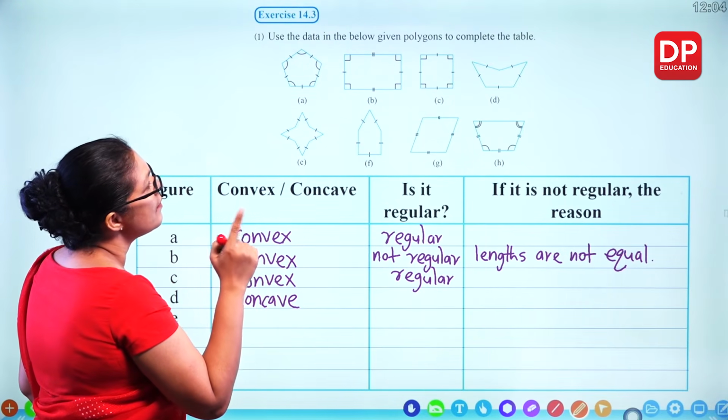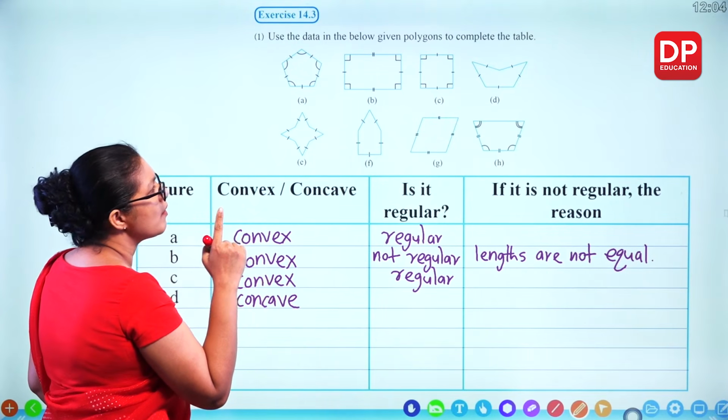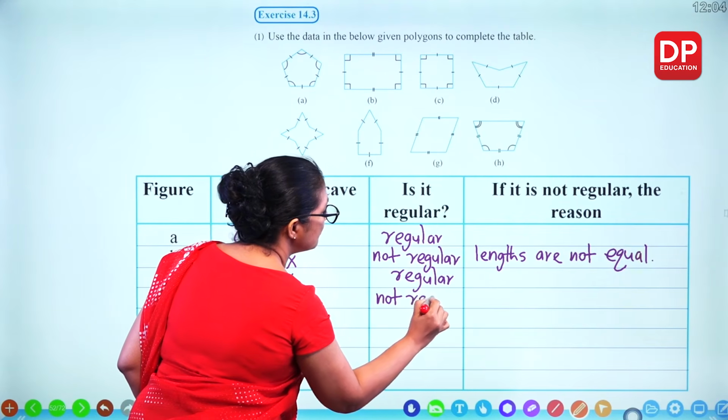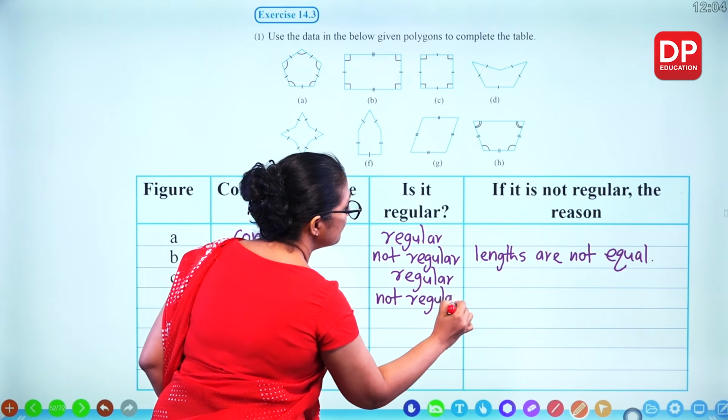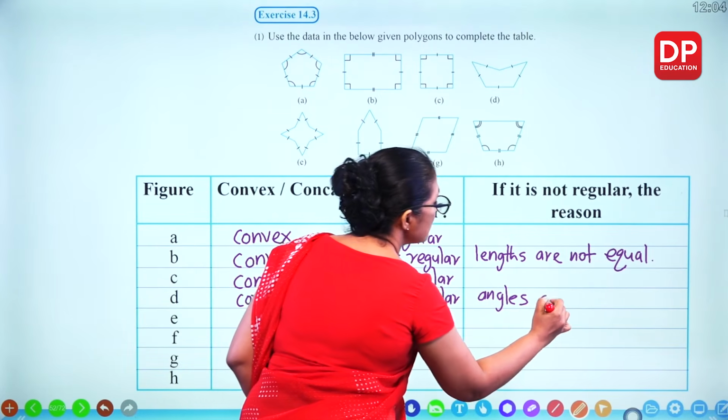So is it regular? No, different angles are there. All sides are equal, but so not regular. Angles are not equal.